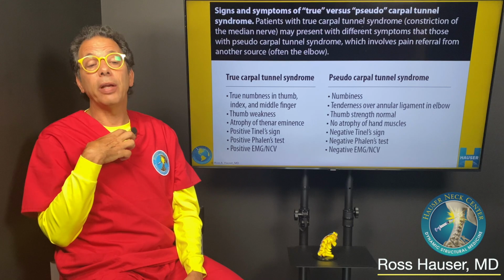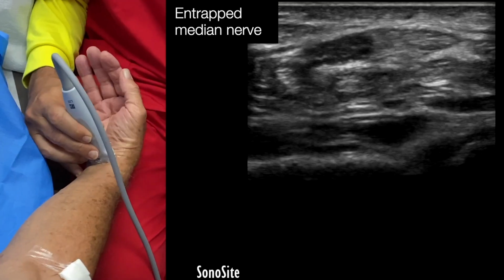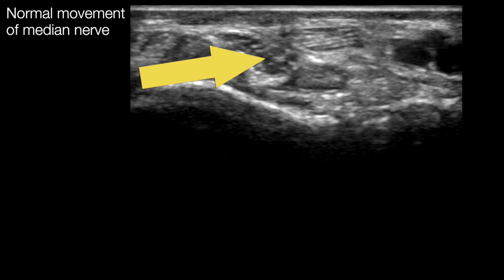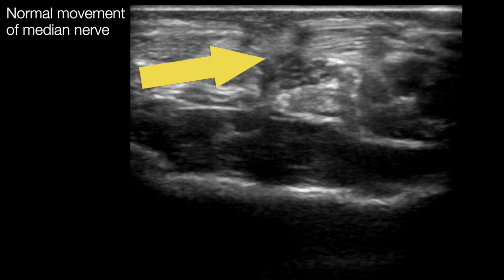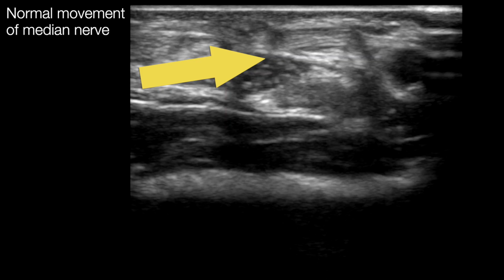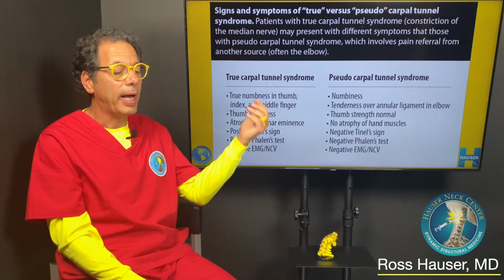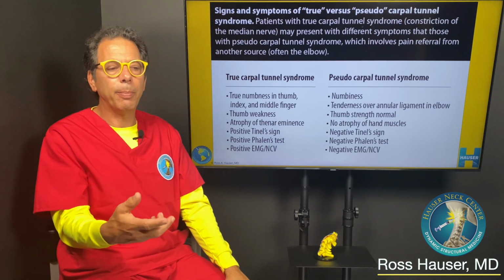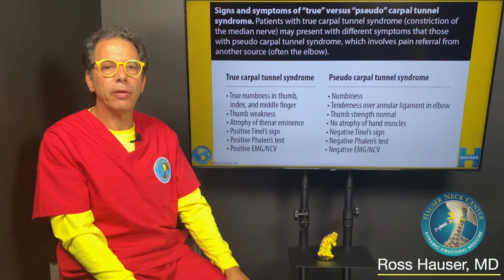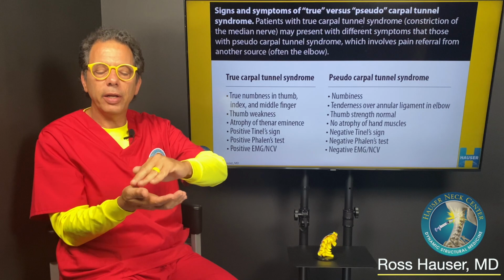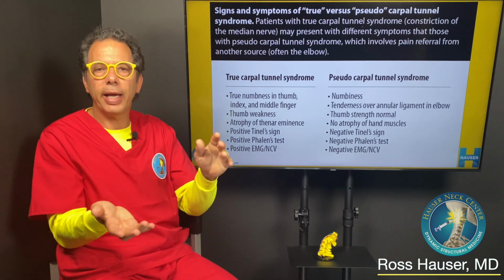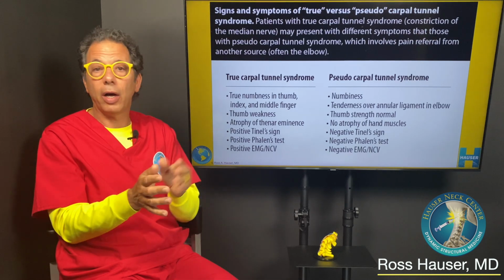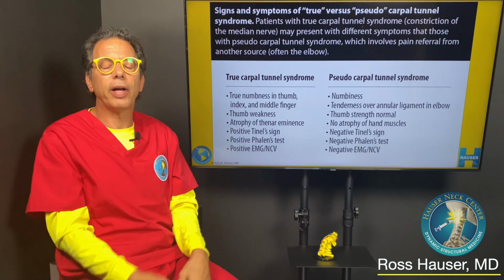The way that we evaluate it is by dynamic ultrasound, and I'm going to show you a normal median nerve that has flexibility within the carpal tunnel. Pseudocarpal tunnel syndrome, I termed that years ago because I had people with numbiness. When I did a sensory examination of their hand, they could feel everything 100% compared to the non-involved side.